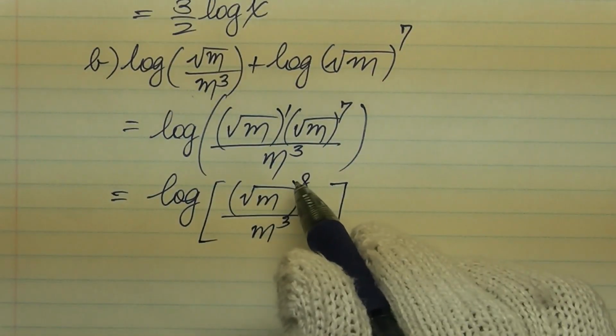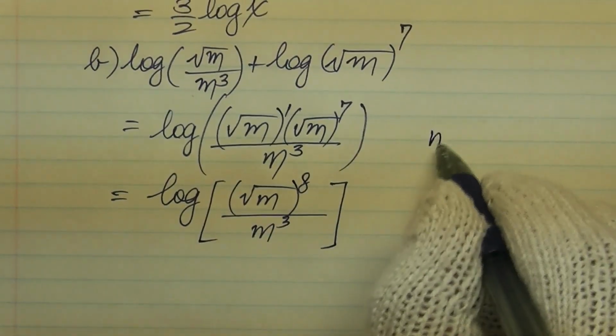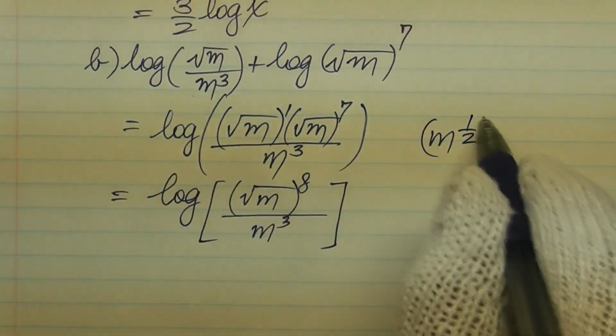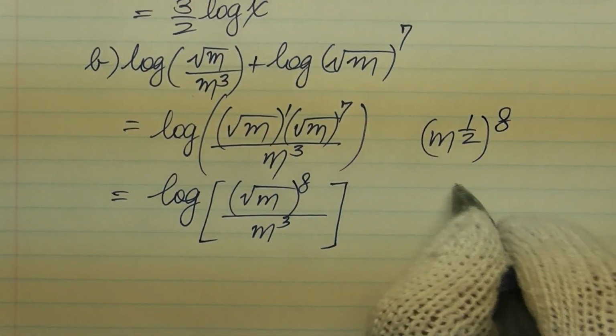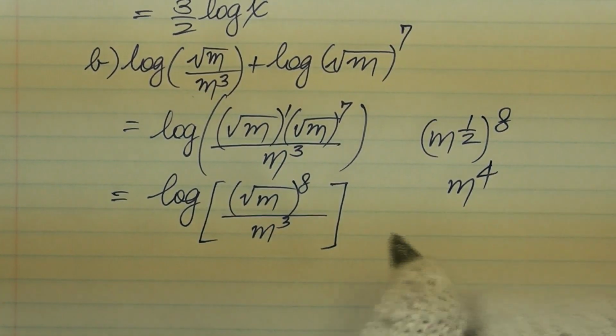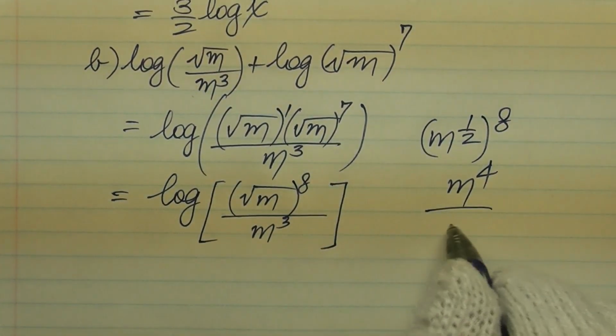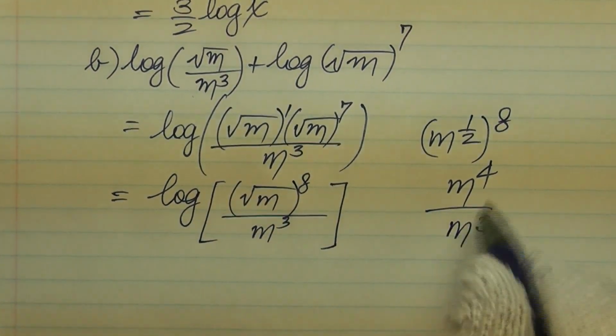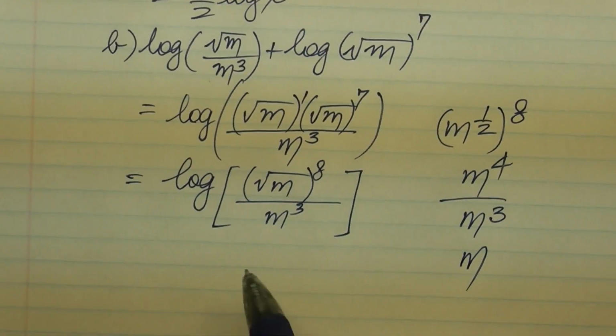Now the square root of m to the 8, think about it like this. The square root of m is m to the 1 over 2. And then you've got the 8. That gives you a result of m to the 4. And then on the bottom you've got m to the 3. And when they cancel out, you're going to be left with m.